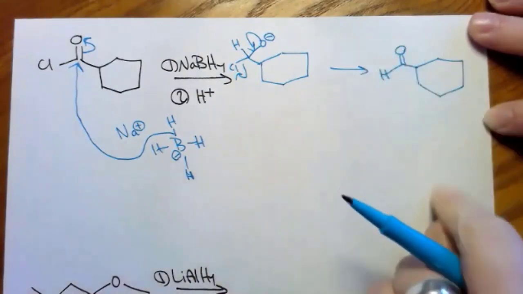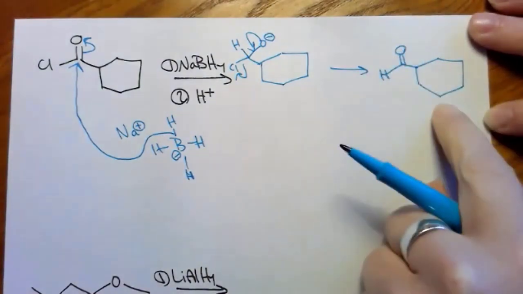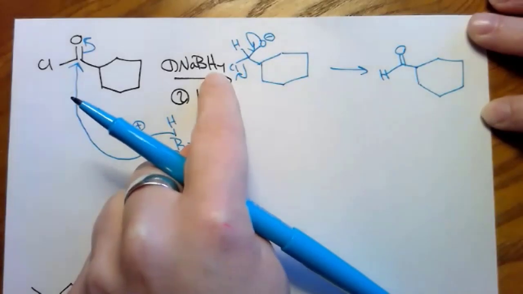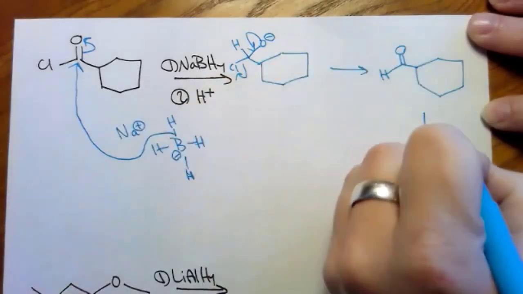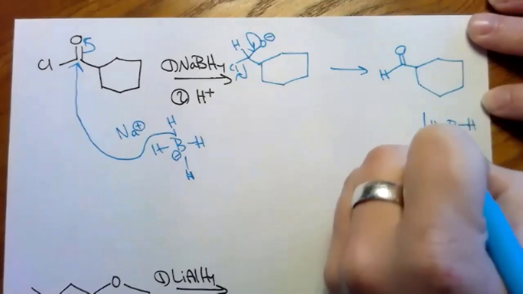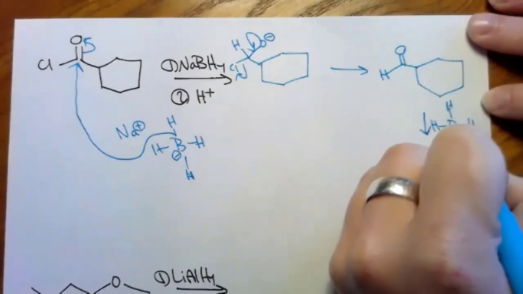And here we have an aldehyde. Can aldehydes react with sodium borohydride? So for every one borohydride, you can reduce 4 compounds. So we've still got plenty of borohydride in solution.